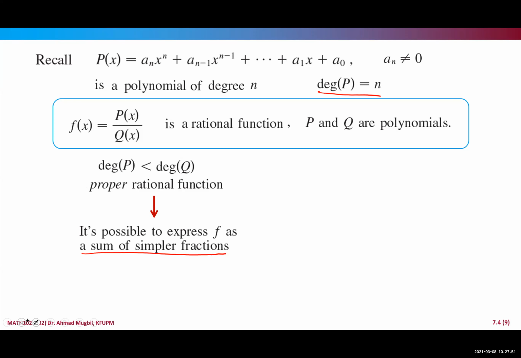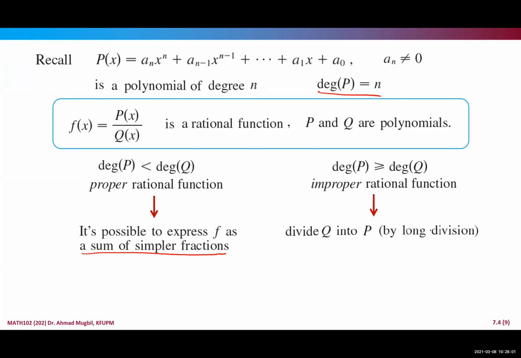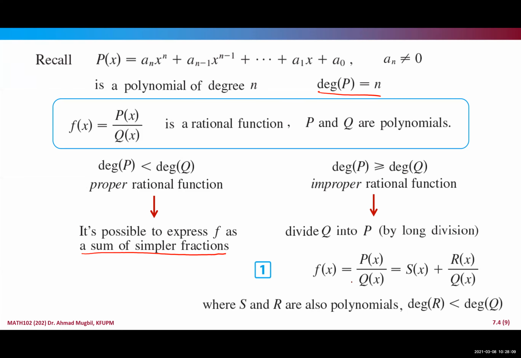But what about if the degree of the numerator is greater than or equal to the degree of the denominator? In this case, it is called an improper rational function, and you need to use long division. Divide p by q by long division, and by the division algorithm you will have the quotient plus the remainder over the divisor.